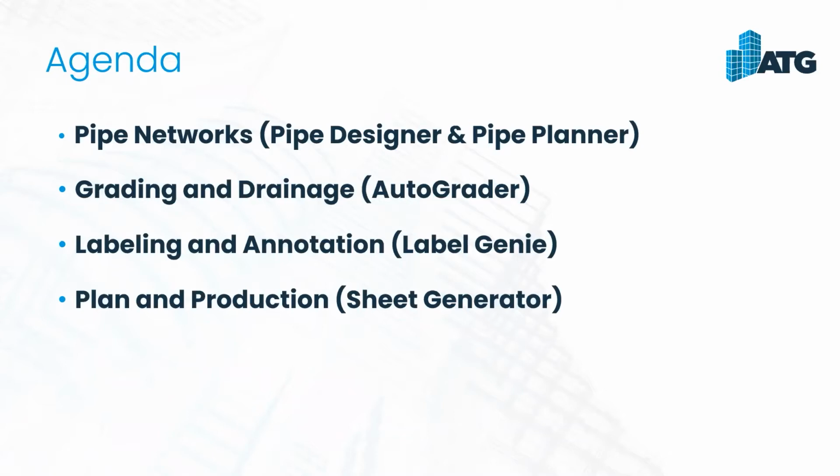We're going to look at some grading and drainage using the Autograder, automating some of that grading for us. We'll be looking at some labeling and annotation using the Label Genie. And then I've got a small sheet set that I'm going to create using the Sheet Generator, some of the plan and production tools. Okay, and that's it. I'm not going to go much farther in there. I think we're going to jump right into this demo and start looking at these plans.